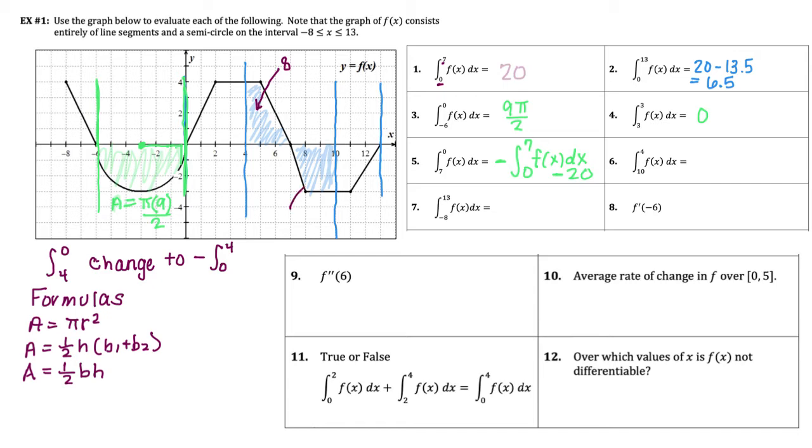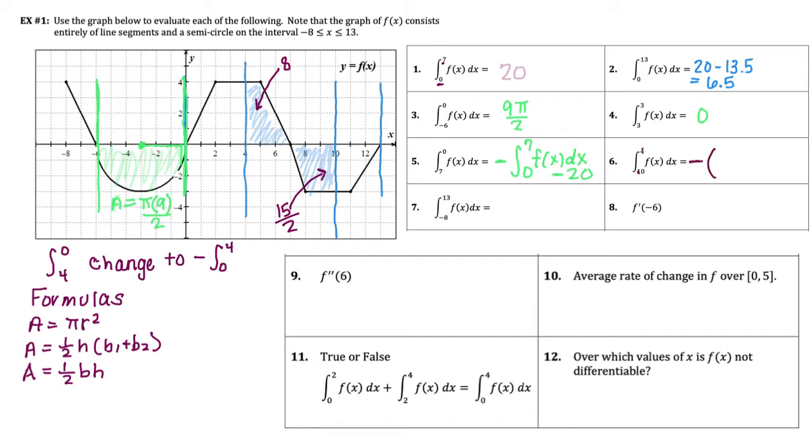And then if you work out this area inside here, you should get 15 over 2. Okay, so for number 6, you've got to swap these bounds, so it's going to be negative.